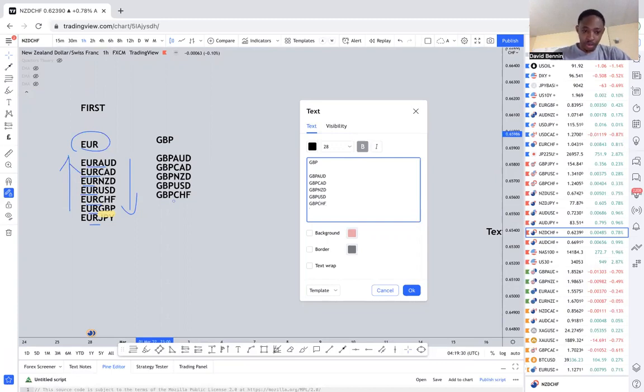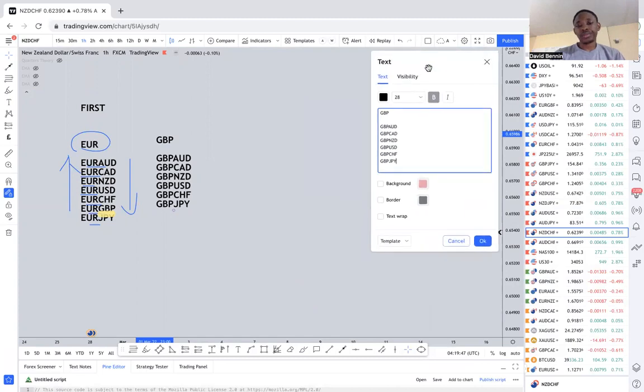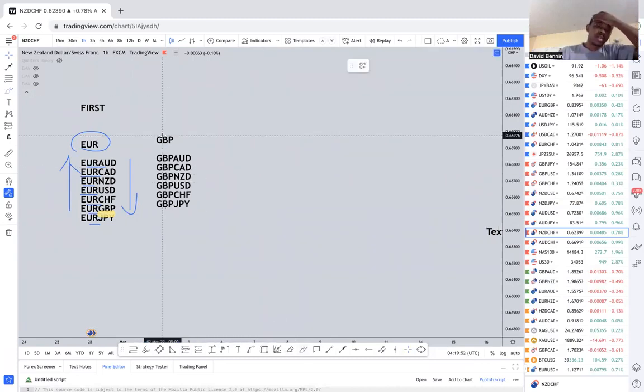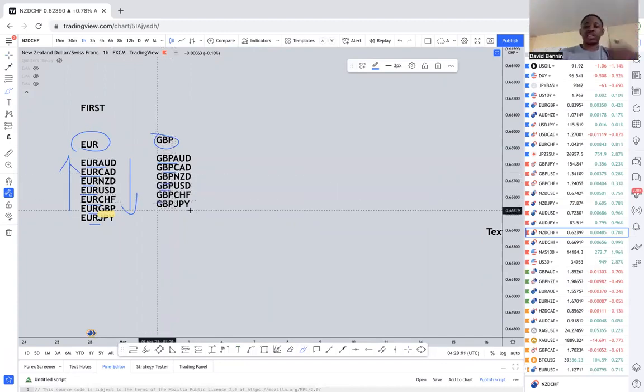We've already done euro pound, so we can't even do pound euro, because the euro will always be first when you pair it with the pound. So we are left with pound Japanese yen. So with these pairings, the euro will always be first here, and the pound will always be first here.